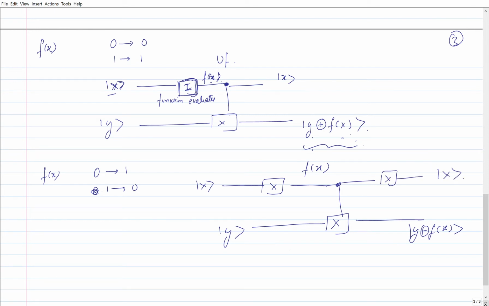So this circuit again evaluates (x, y) going to (x, y plus f of x).